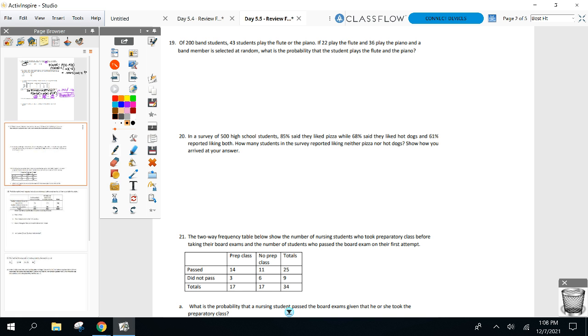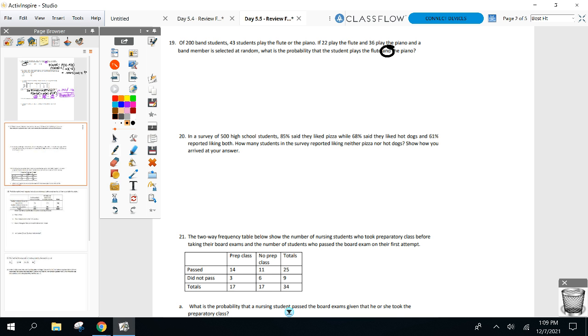Okay. So what are we looking for in this one? This is an AND problem, right? So how are we going to find it? What's up, Elliot?